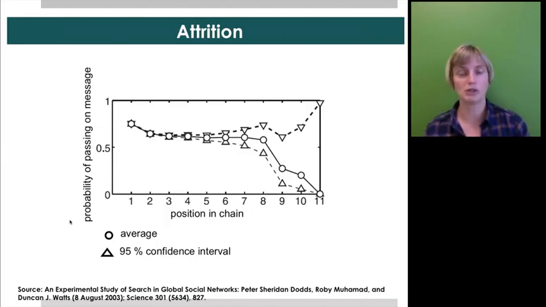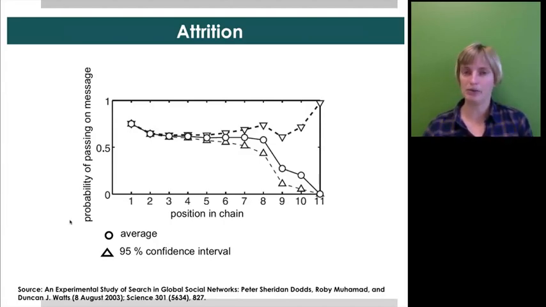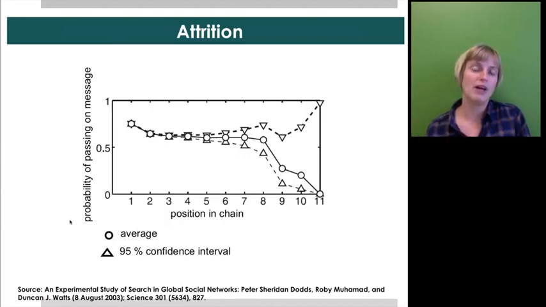So the initial person was recruited, they might be interested, they might write the next person and say, this is such a cool experiment, try it out. But then that person may be passing on with less enthusiasm. Similarly, maybe the people further down in the chain are getting closer to the target, so maybe they're less likely to drop the message because the goal might be near. However, neither of those turns out to be true. You have pretty stable attrition no matter which step in the chain you are.